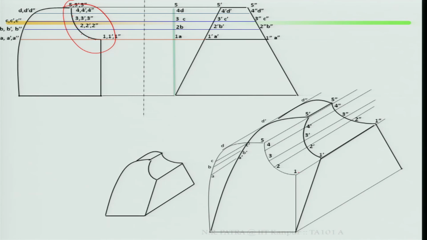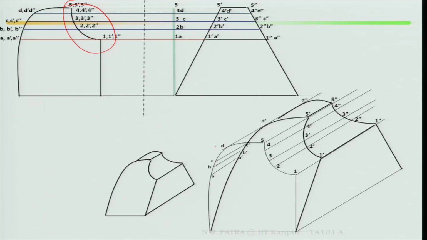Then as you have taken different sections in oblique surface, 1 1 AA, 2 2 BB, 3 3 prime, 3 double prime, C double prime, 4 D. Similarly, you mark your A prime. Here in case of side view, we can mark it, how far it is there. Then 1 2 3 4 here A B C D you can mark it, then join accordingly.